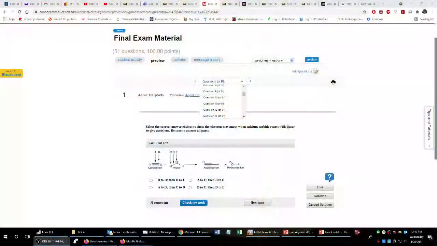So, question about the lab cleanout. Well, I'll answer that in lab today. All right, let's bring up question 11. Not question 1, question 11.